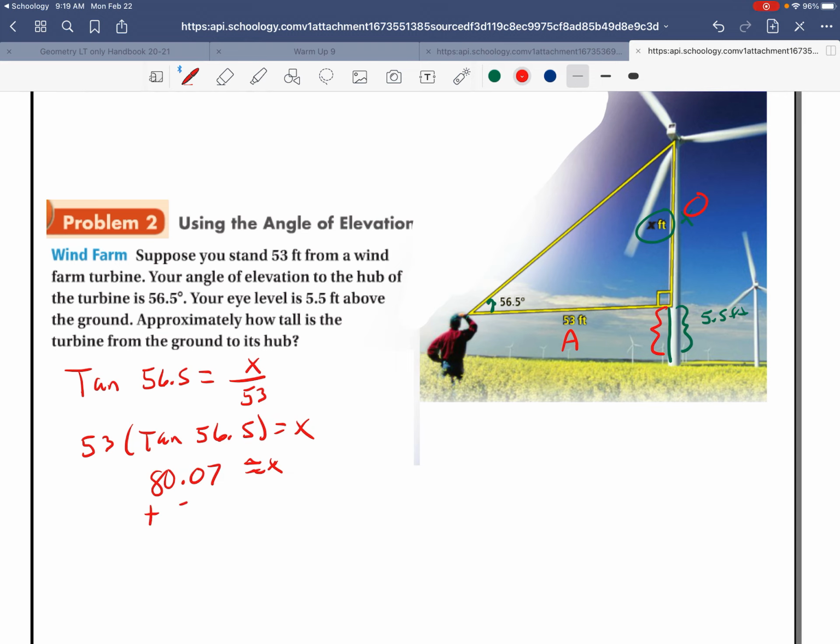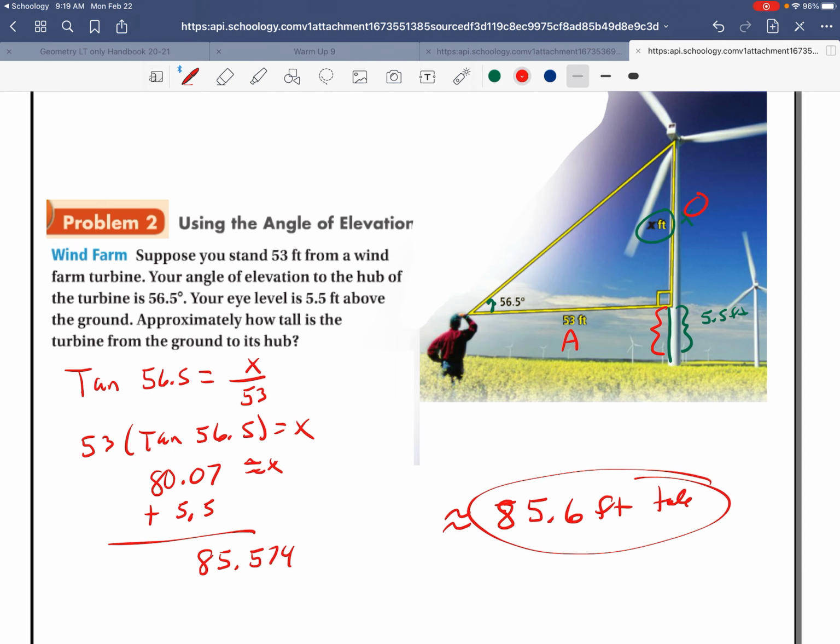So we're going to add 5.5 to get the total, and that's going to give us 85.574, which is about 85.6 feet tall from the ground, because we had to include the height up to our eyesight.